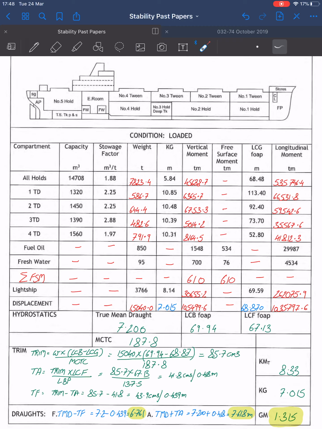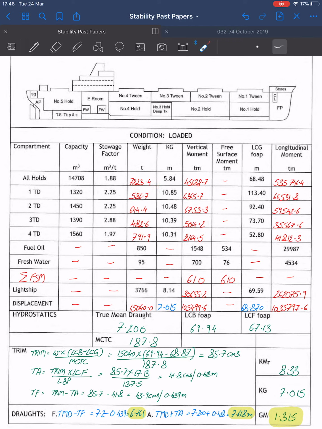And all the distances should preferably be taken up to 3 places of decimal, like LCB, draft, KM, KB, LCF. All these things are recommended to be taken to 3 places of decimal. So we have got weight as 7823.4.